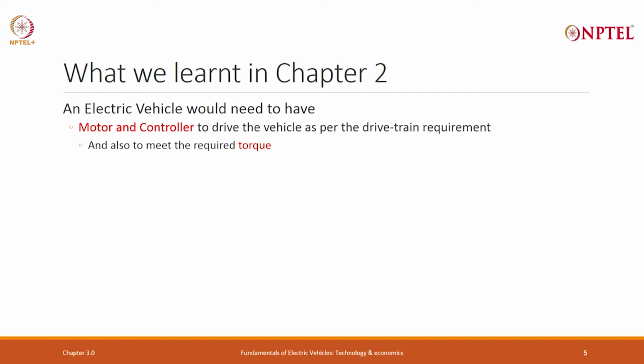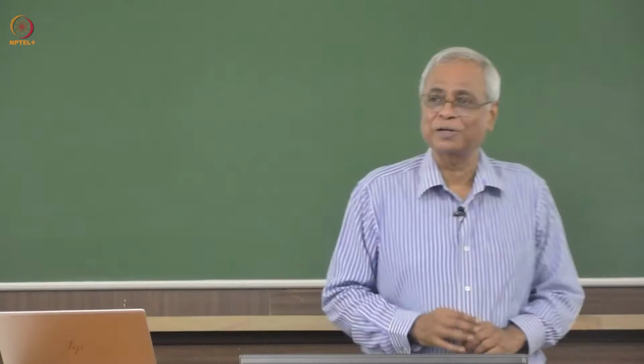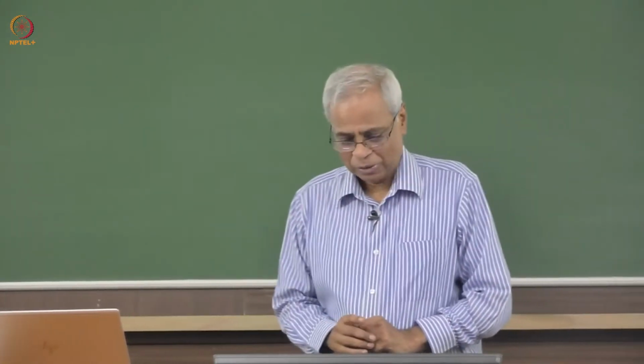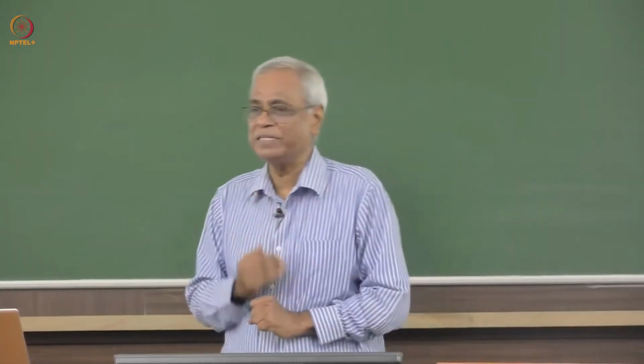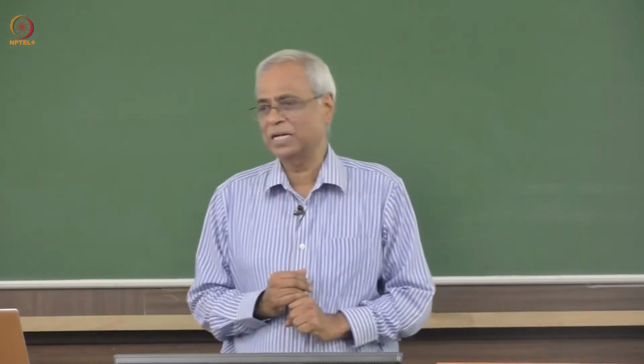So, velocity and acceleration at least as per the drivetrain requirement, probably higher. What the drivetrain requirement does not give you is a torque requirement. So, it has to also meet the torque all the time.